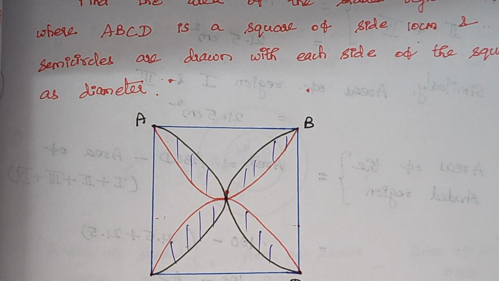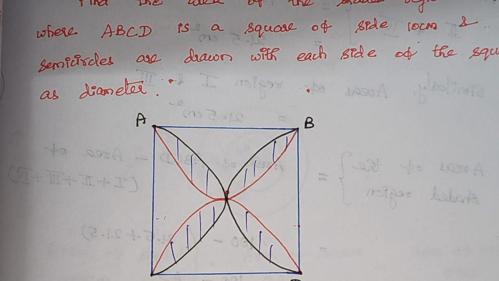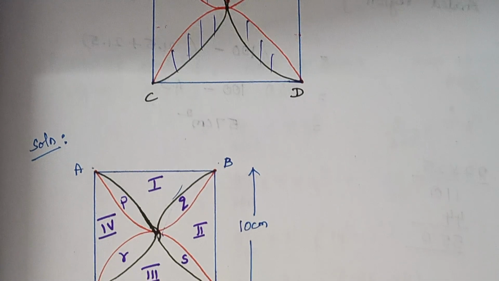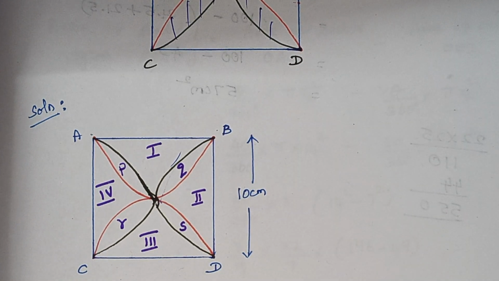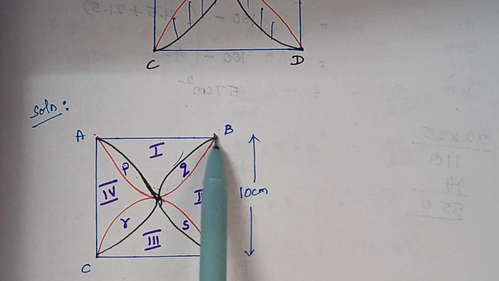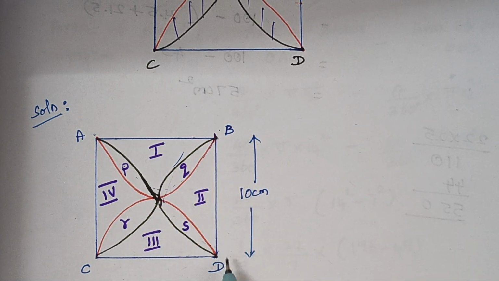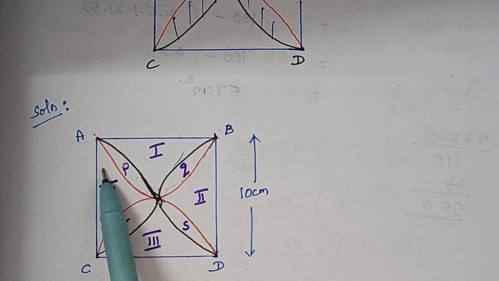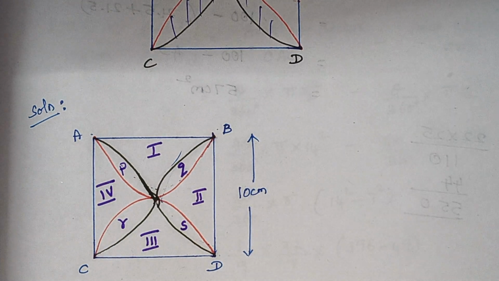Here we have to find the area of the shaded region. I have a square whose side is 10 centimeter and here I have 4 semicircles. This is semicircle 1, this is semicircle 2, this is semicircle 3 and this is semicircle 4.